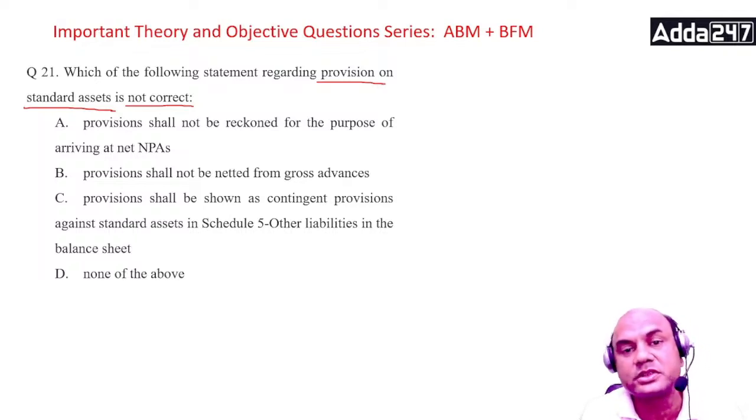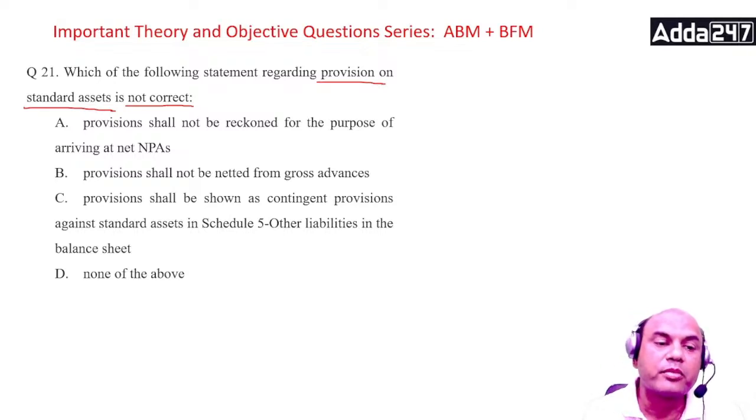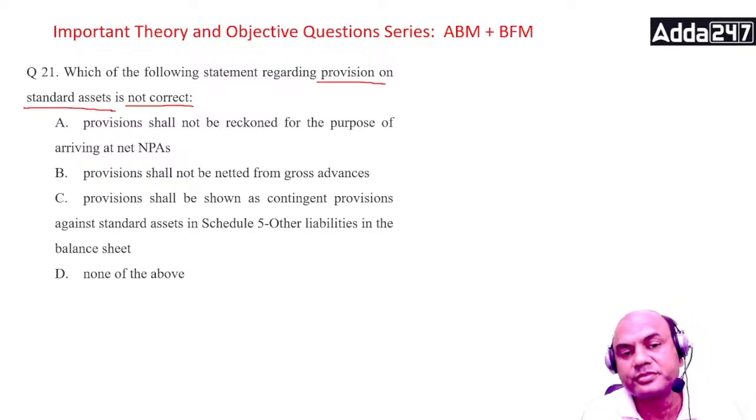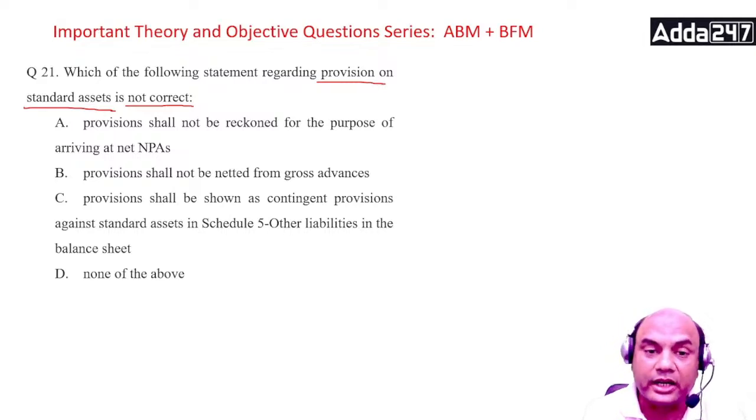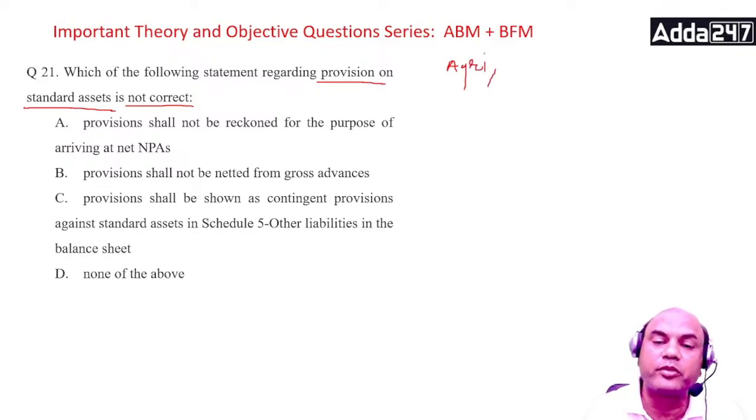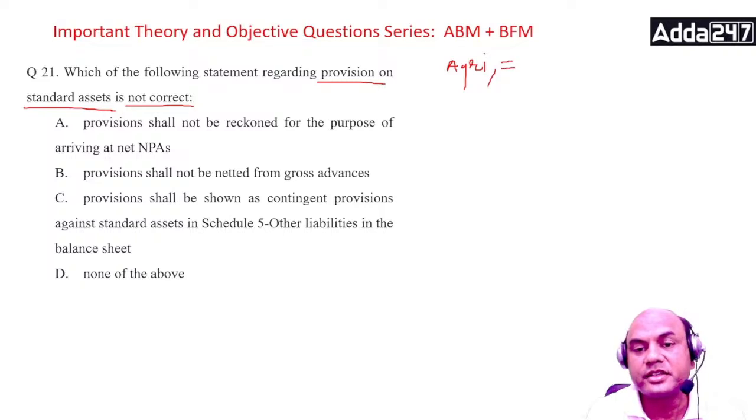What are the provisions on standard assets? The standard assets have various types of provisions. For agriculture, what is the provision for standard asset? Anyone can give me? It is 0.25%.